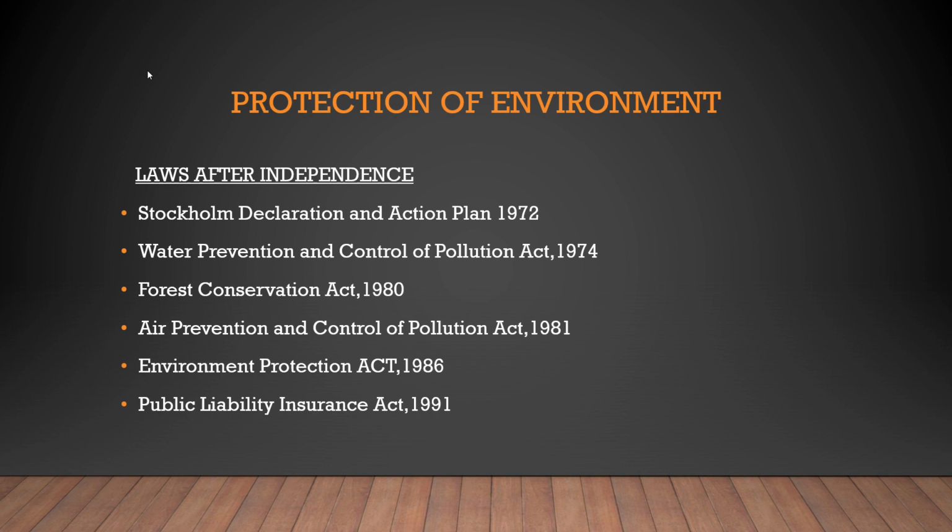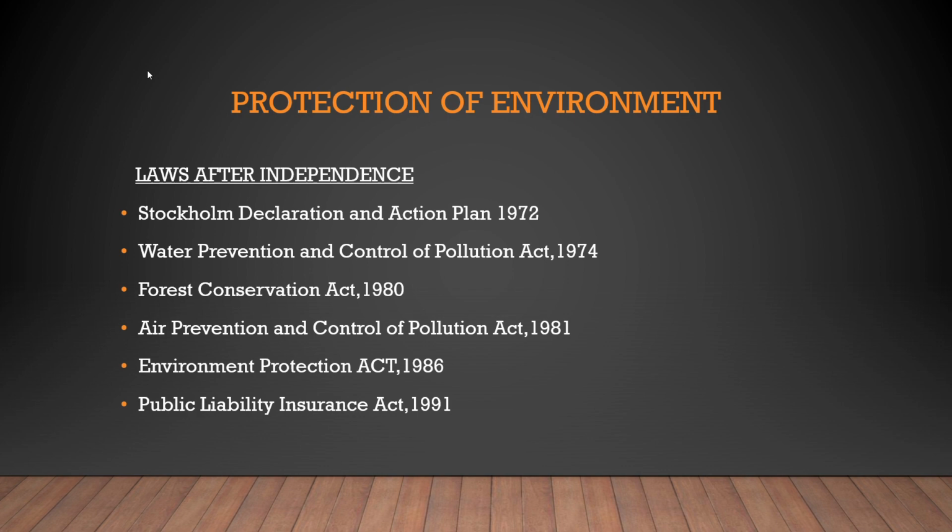Next is the Air Prevention and Control of Pollution Act 1981. Again, these are all related to pollution in the air, automobile exhaust, CFCs, etc. Next, the Environment Protection Act 1986. We all know how this law is becoming much more stringent to protect the environment.